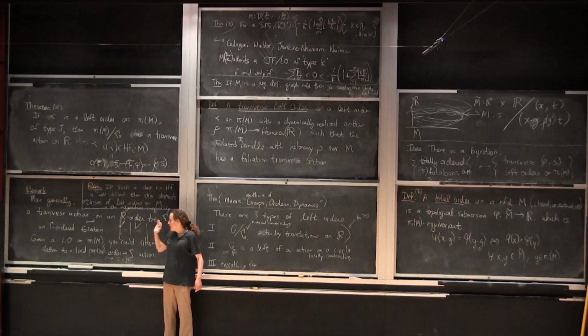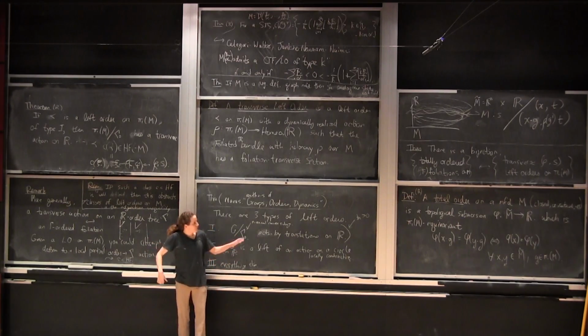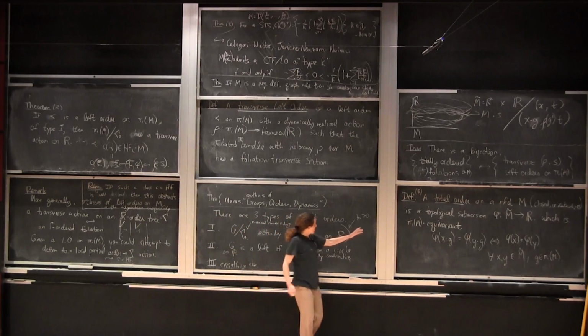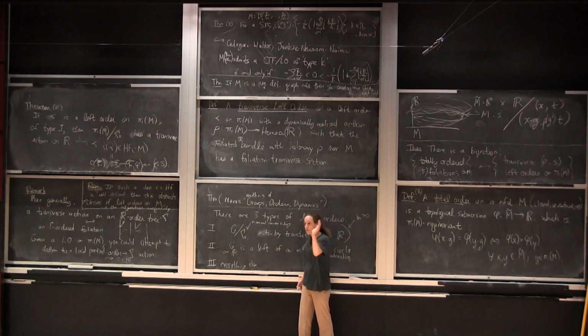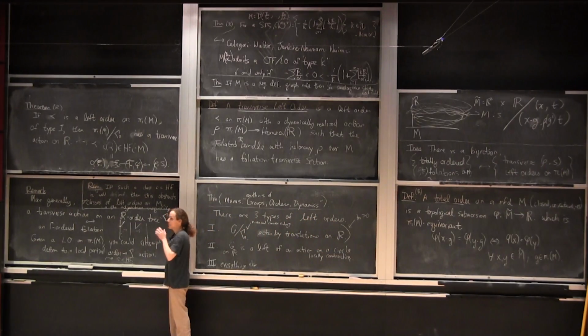So if I find any R-order tree, I can still construct an R-order tree bundle over my manifold, foliated by this R-order tree.